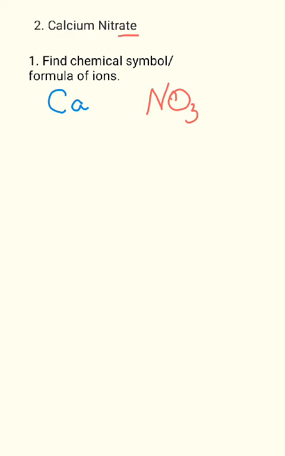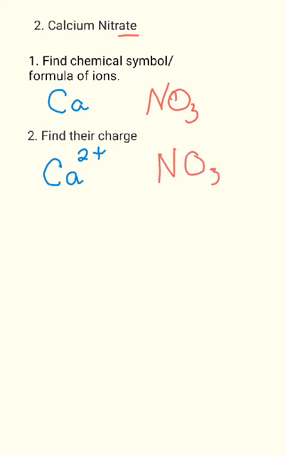All right, so calcium is Ca, nitrate is NO3. Second step. Once we got the symbols, all we got to do now is find their charge. If you look at the periodic table, we know that calcium is a group 2 element, so calcium is going to have a 2+ charge. And according to our polyatomic ion sheet, nitrate carries with it a 1 minus charge. So there's our charge there.